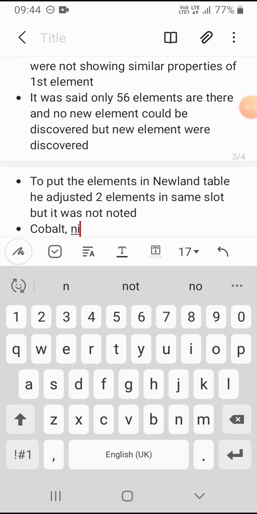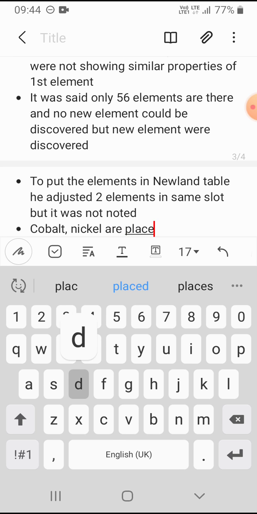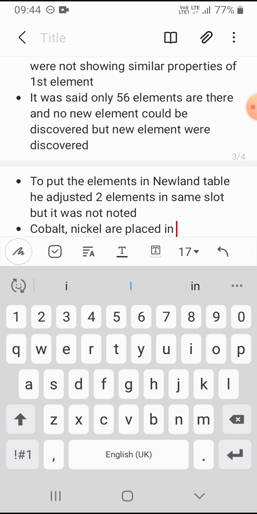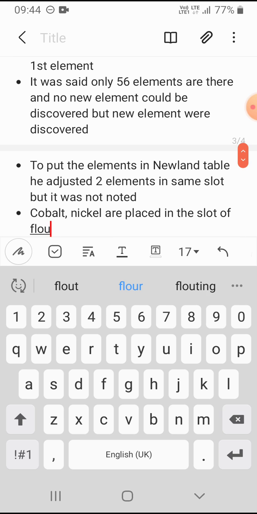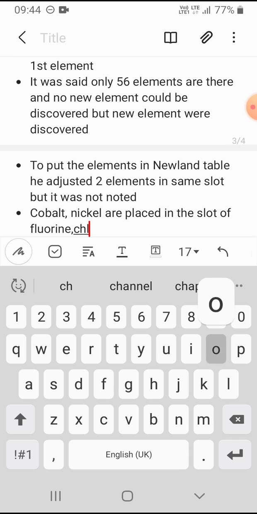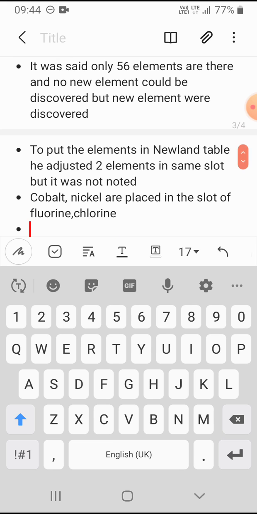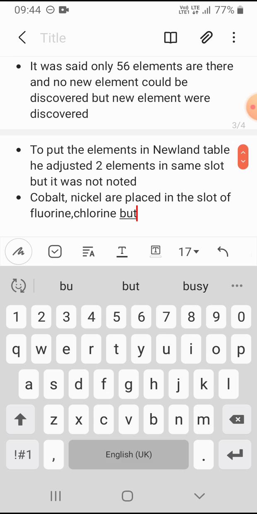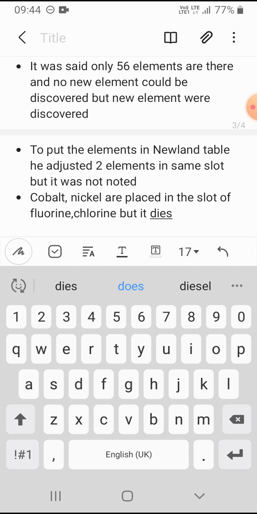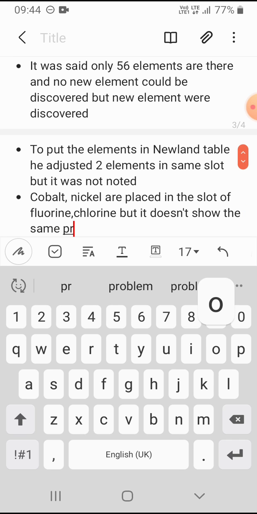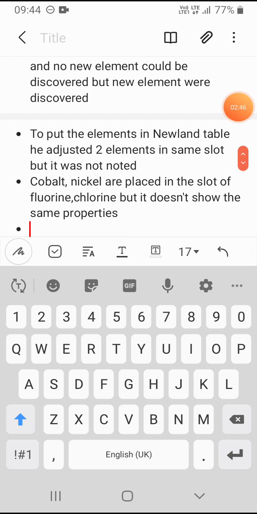Cobalt and nickel are placed in the same slot as chlorine, but they do not show the same properties, so it is wrong.